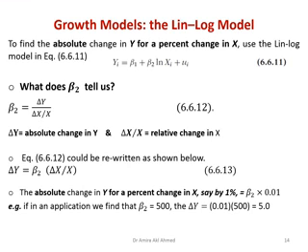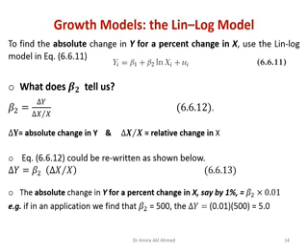It is termed a lin-log model. In this model, the regressor is logarithmic, but the regressand is linear. Thus, what does the slope coefficient tell us in this model? The slope coefficient measures the absolute change in the regressand for a given percent change in the value of the regressor, as shown by equation 6.6.12.